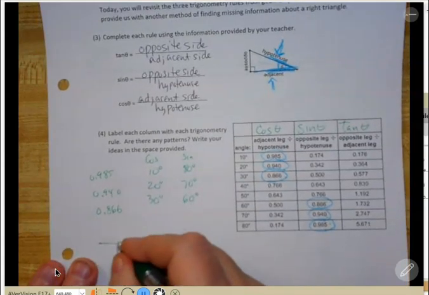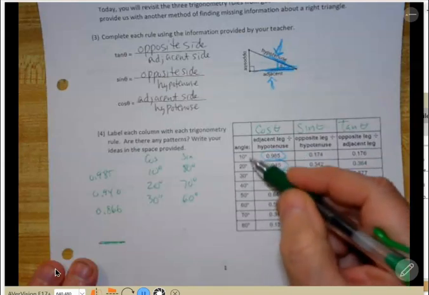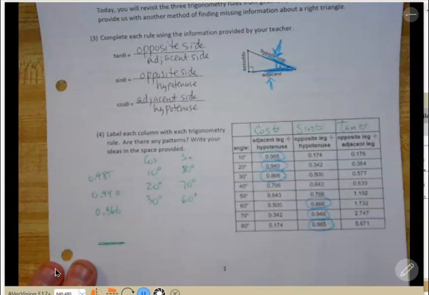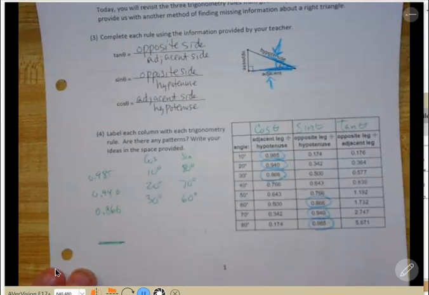So if I would choose some decimal number that's in this table, for example, such that it shows up both in the sine and cosine column, what would be true about the angles?